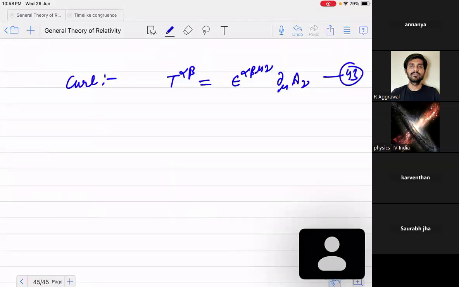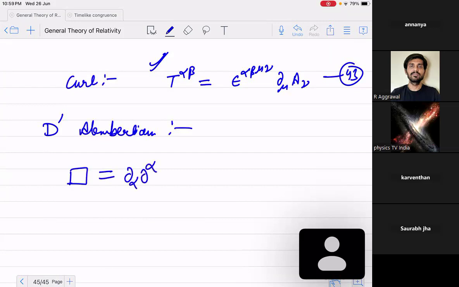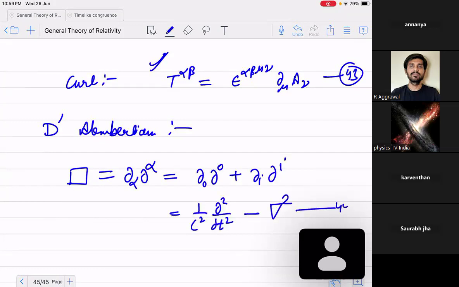I will explain more about curl when it comes to the picture. And this is nothing but del 0 del 0 minus del I del I, which is 1 by c square del square over del t square minus del square. It is the D'Alembert operator.